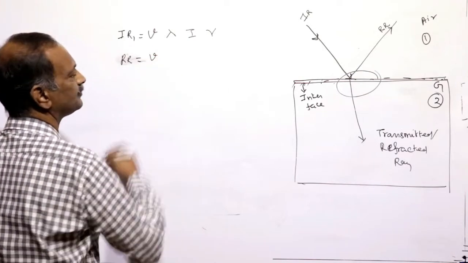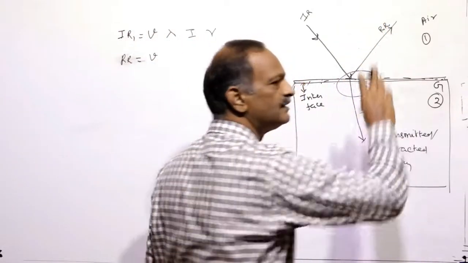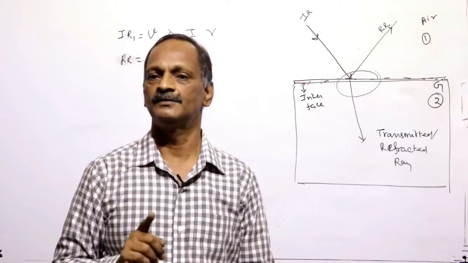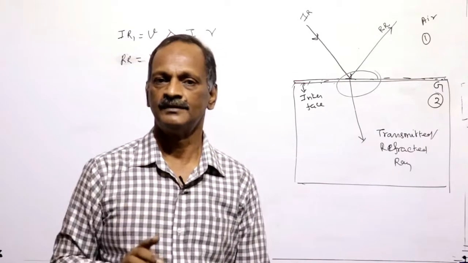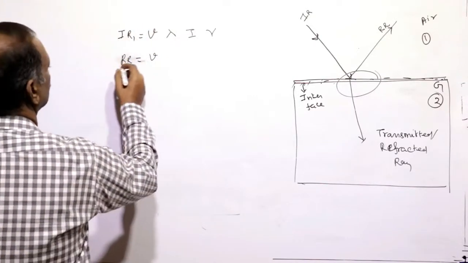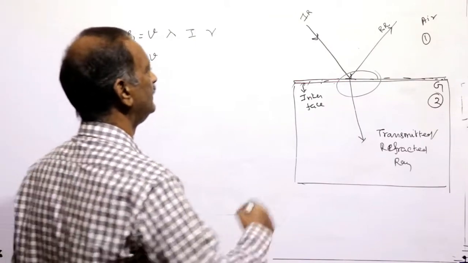It will be the same. Why? Because it is passing through the same medium. Within the same medium, the velocity always remains constant. You must remember: since it is in the first medium, the reflected ray is also in the first medium.